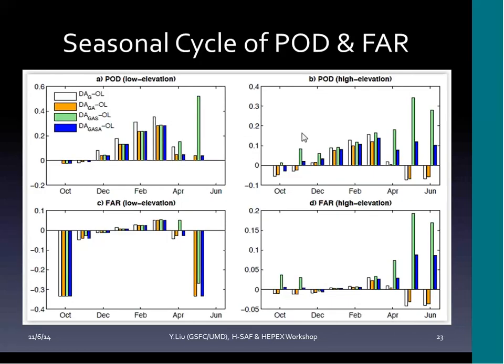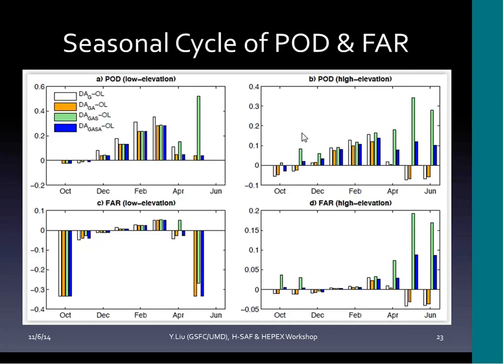So here it's just a seasonal cycle of POD and the FAR. We look at the higher elevation zone and the lower elevation zone for POD and the FAR. So POD smoothly increases, and we have negative FAR. This is relative to the open loop, by the way. So you want positive POD differences and negative FAR differences.